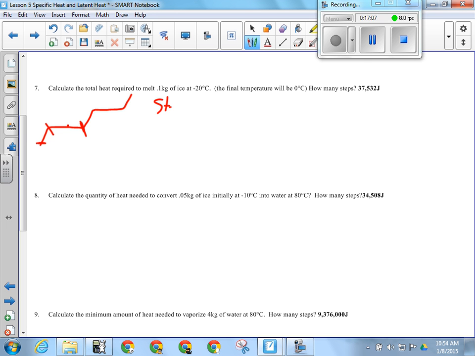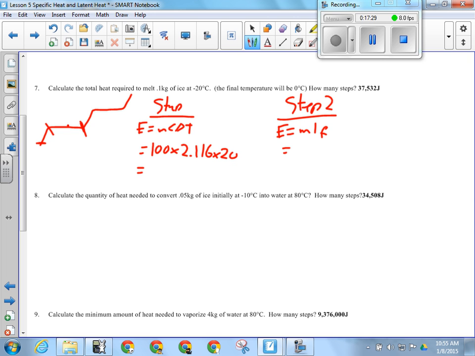All right, so my first step is E equals MC delta T, and that's going to be 100 grams, because it's 0.1 kilograms, times 2.116 times 20 degrees. Okay, and then my second step will be to melt that ice. Right, so that'll be E equals MLF. So we'll have 0.1 kilograms times 333.